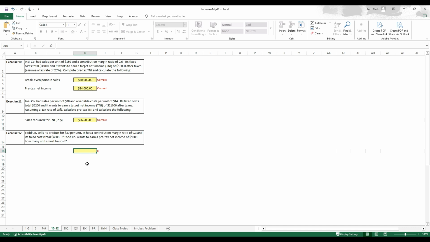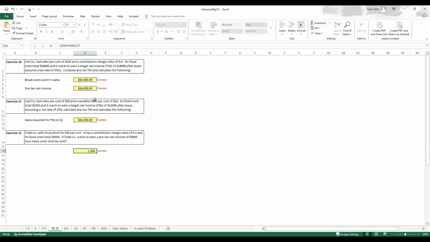If it's 30%, we take $30 times 0.3, and we get $9 per unit. Then 4,500 divided by 9 would be our break-even point, but we want to add 9,000 on top of it. And so 1,500 units must be sold.